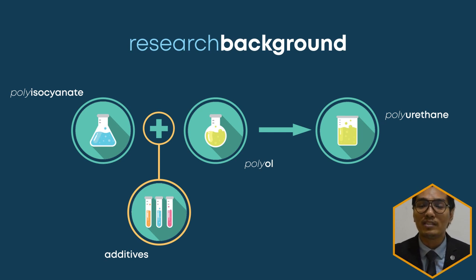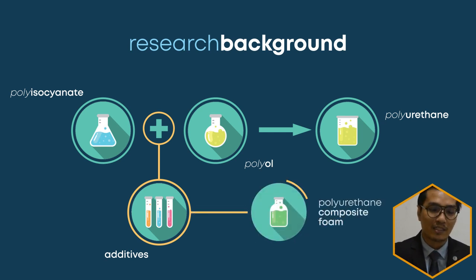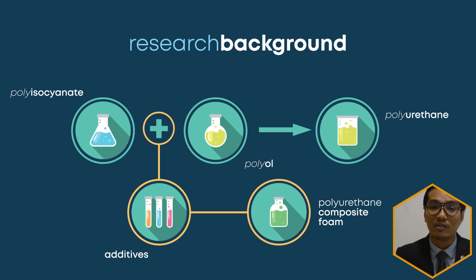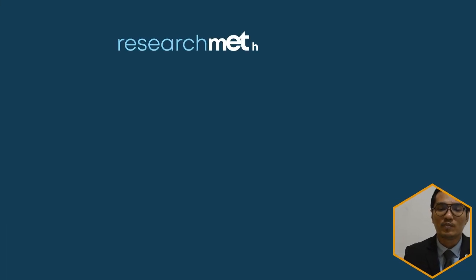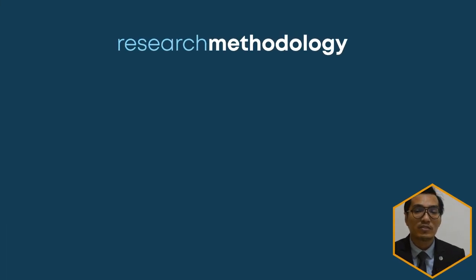Now, for a polyurethane system in which we add reinforcing fillers such as fumed silica, carbon nanotubes, and also nanoclays, we may call this a polyurethane composite foam because there are now two distinct systems inside the foam: the polyurethane foam being the matrix, and whatever reinforcing filler we have added into the foam. Moving on to the next part of my talk, which is the research methodology.